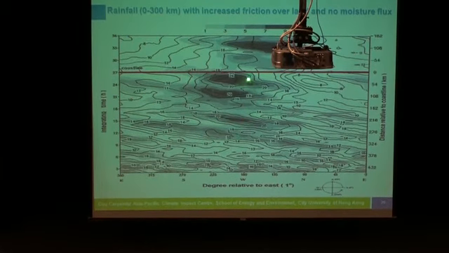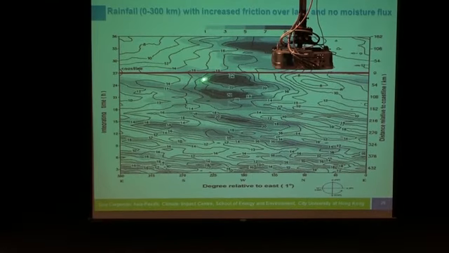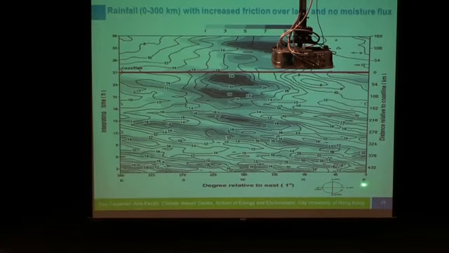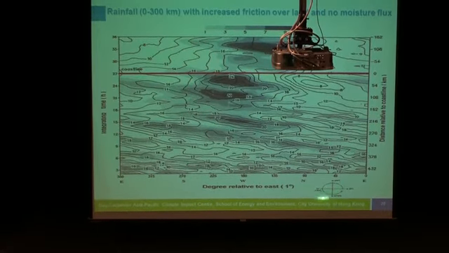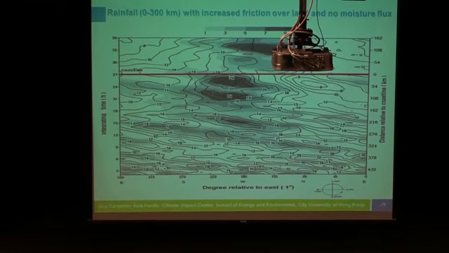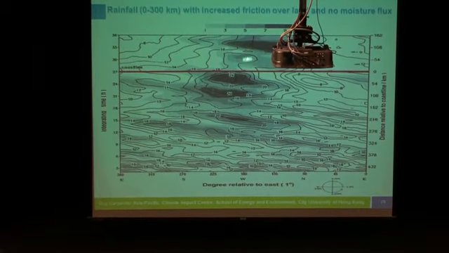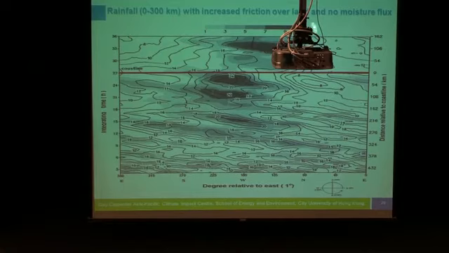This is the landfall time. Before the tropical storm makes landfall, this is the rainfall. The heaviest rainfall is to the southwest because the storm is moving from east to west, so it's to the left front of the storm. But after landfall, it's actually to the right front of the storm in our simulation.